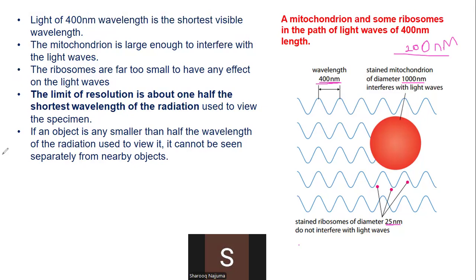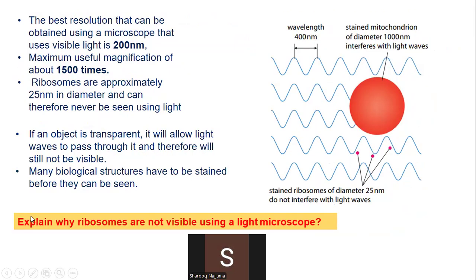So you could be asked a question, why is it that ribosomes can never be seen? Explain why ribosomes are not visible using a light microscope. Mention their size. Ribosomes are 25 nanometers.